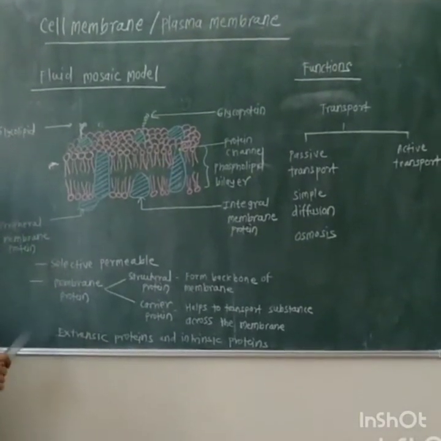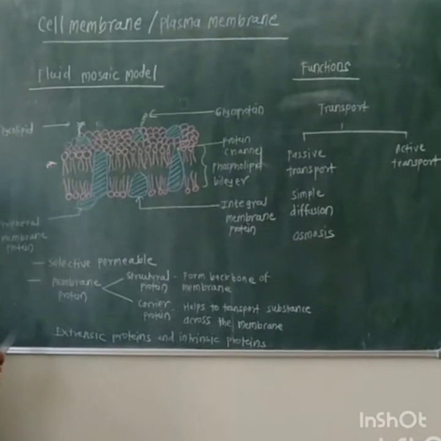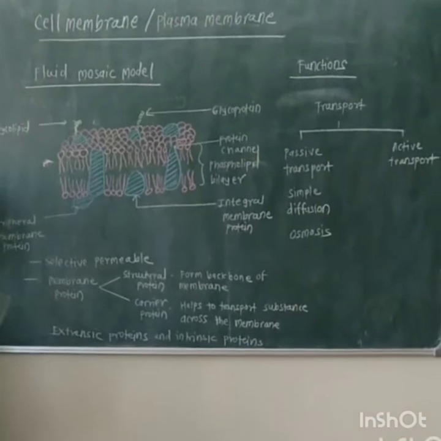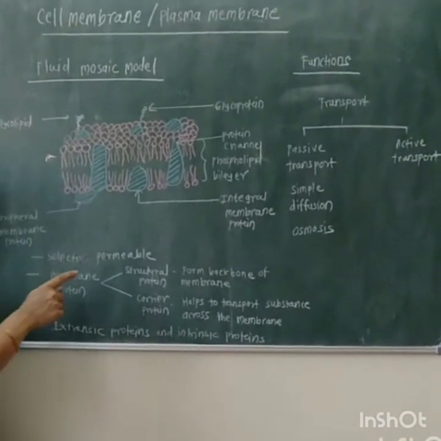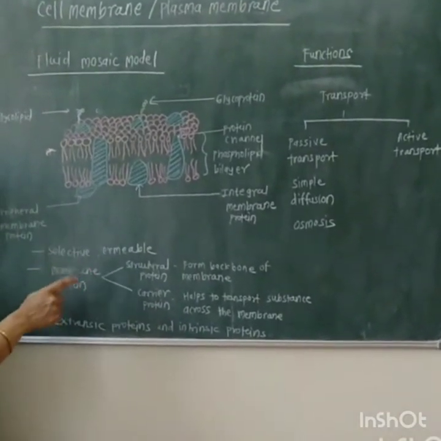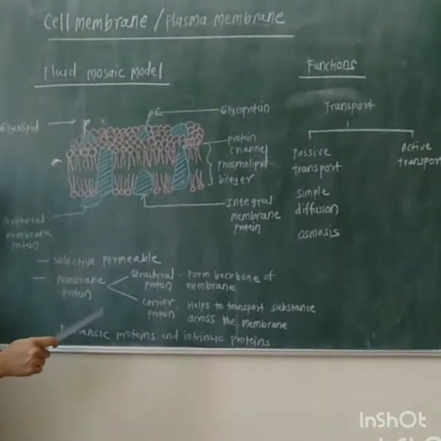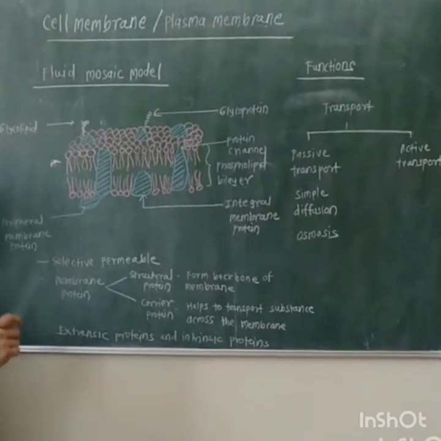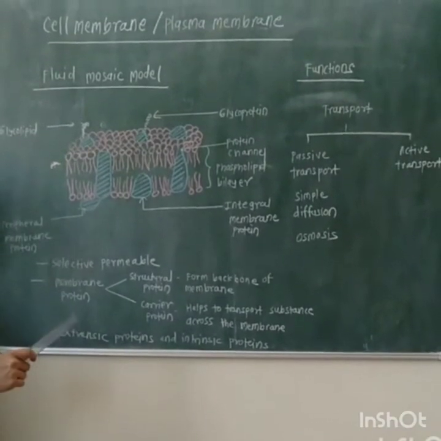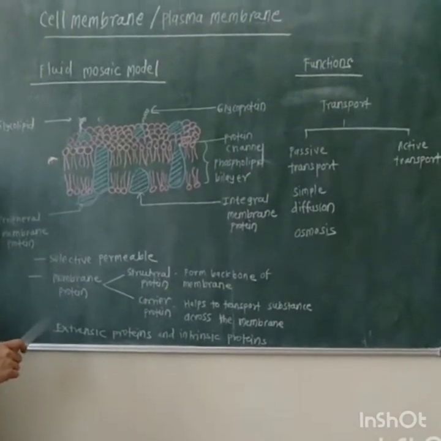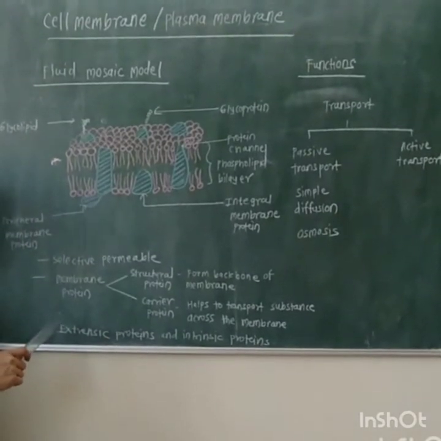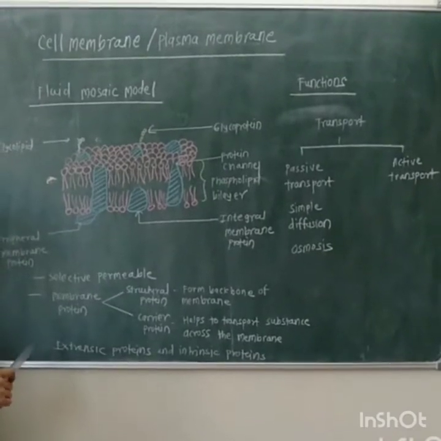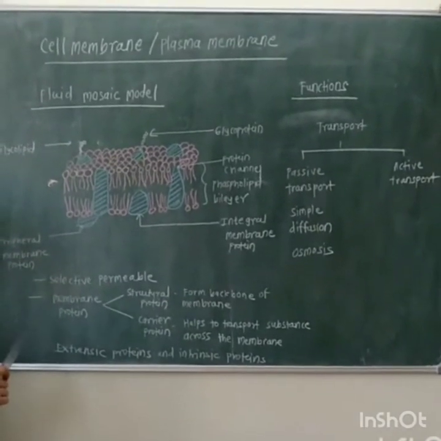So what are the functions of the cell membrane or plasma membrane? Mainly, the plasma membrane acts as a selectively permeable membrane. So you know the meaning of selectively permeable membrane. The membrane which allows certain substances to pass through, mainly low molecular weight substances, is called a selectively permeable membrane.